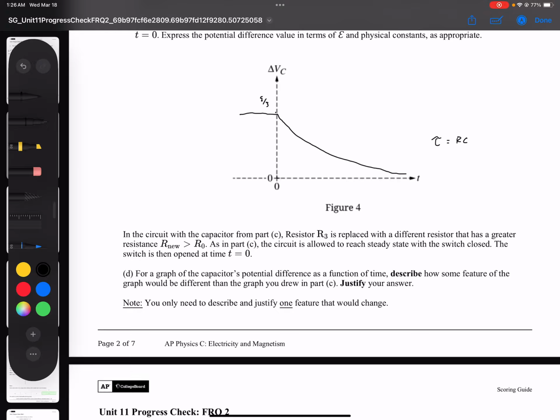It's going to have that 1 minus e to the negative t over RC factor in the equation as the capacitor is charging. So if I have a larger resistor, in this equation, e to the negative t over RC, then as t approaches infinity, it's going to take longer for the capacitor to fully discharge, since the denominator is going to get larger if you have a larger resistor. So there are two different things that would change with the graph, and you only actually have to mention one to get the points for that problem.